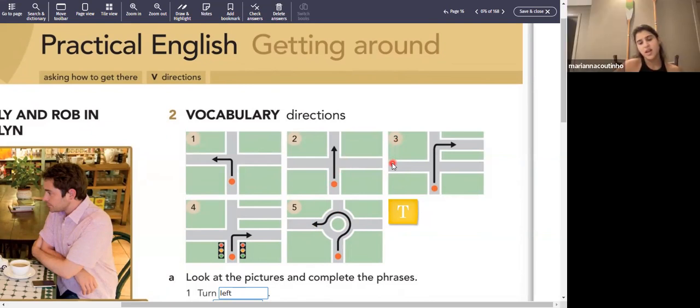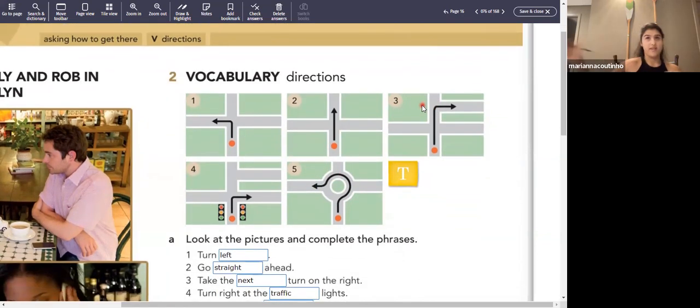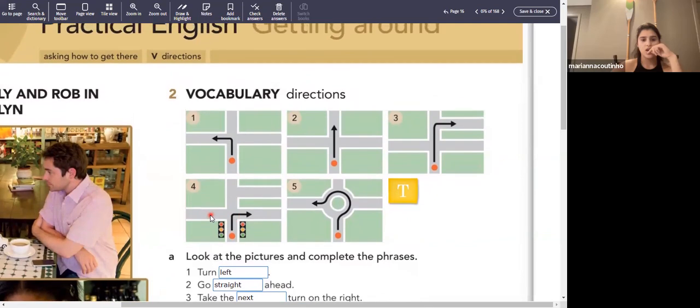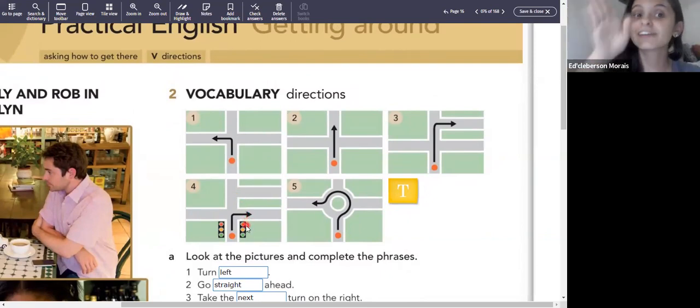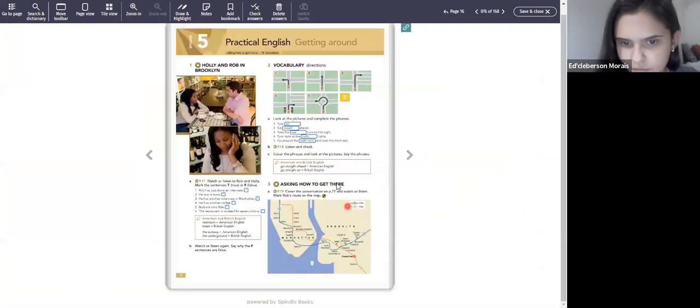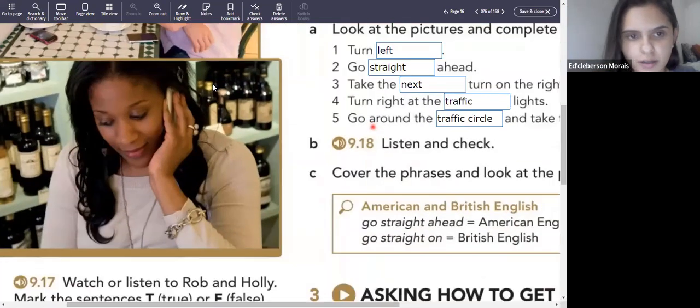This next turn on the right. Okay, turn on the right. Awesome. Number 4. Turn right after the traffic lights. Awesome. Very good.